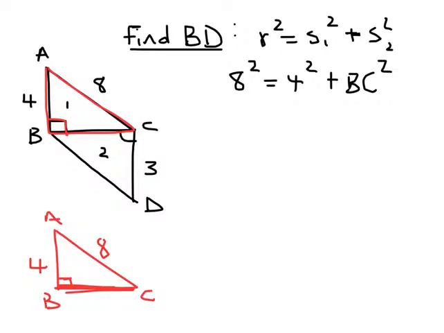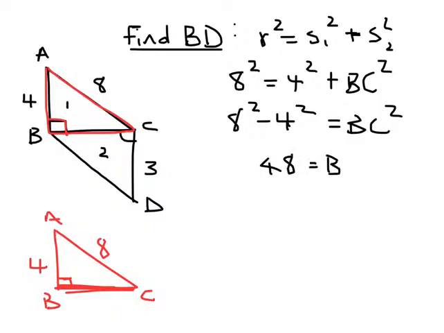So let's see. Obviously, you end up having 8 squared, where you need to minus 4 squared, which will be equal to BC squared. Let me quickly get my calculator and punch that in. 8 squared minus 4 squared equals 48. So 48 equals BC squared.